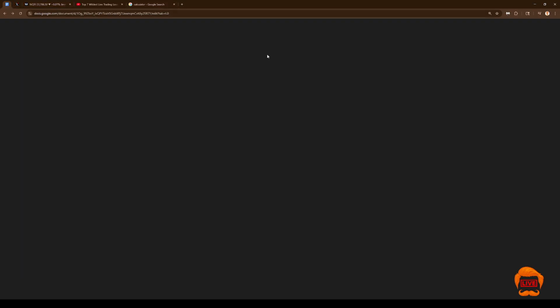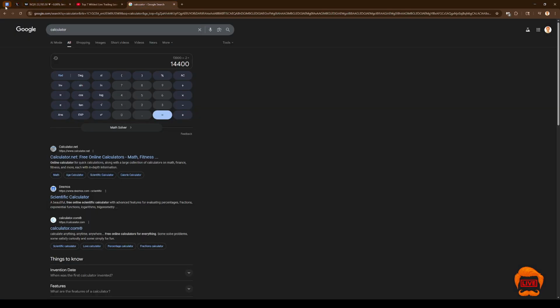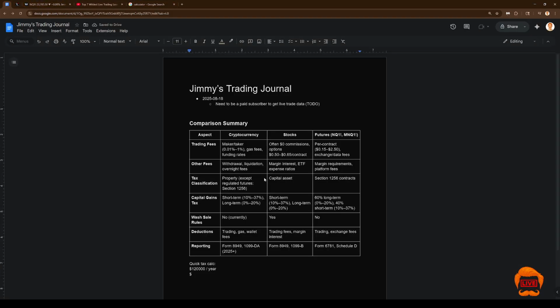Okay. Let's make a note of that. So we're doing 120,000 per year. What was it, 72,000? 72,000 taxed at 20% is equal to 14,400.